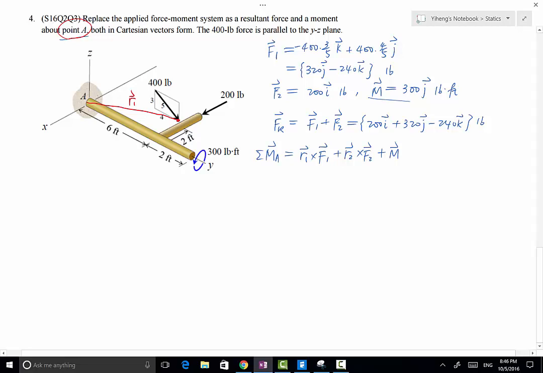Therefore, for R2, the best choice will be from point A to this point right here. That's easier to determine. So from here, we can determine R1 to be negative 2I plus 6J in the unit of foot, and R2 simply positive 6J.